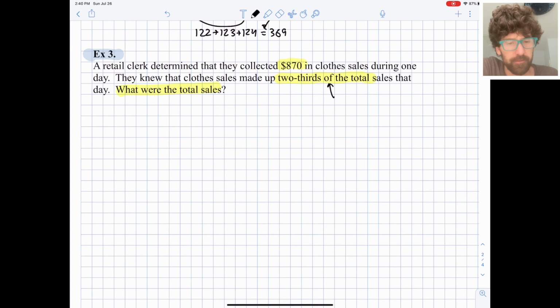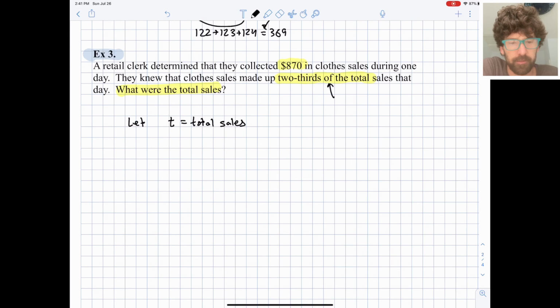Okay, so I'm tempted to use S for total sales, but S often looks like a 5. So let's use T for total sales. So let's let T equal total sales. Okay, and let's write out a mathematical statement.